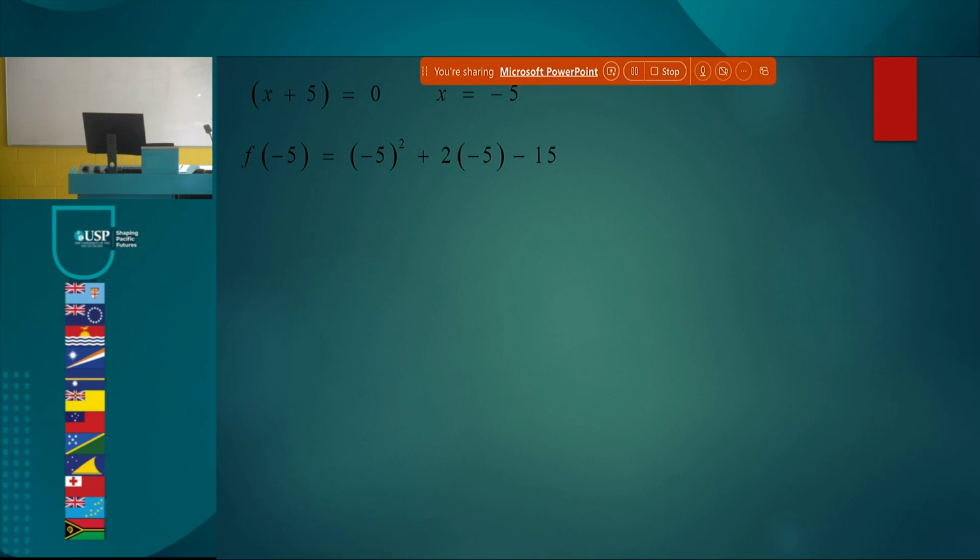Minus 10, minus 15. What do we get? 25 minus 10 minus 15 gives us 0. And what does this 0 represent? The remainder. And if the remainder is 0, what's our conclusion? x plus 5 is a factor.